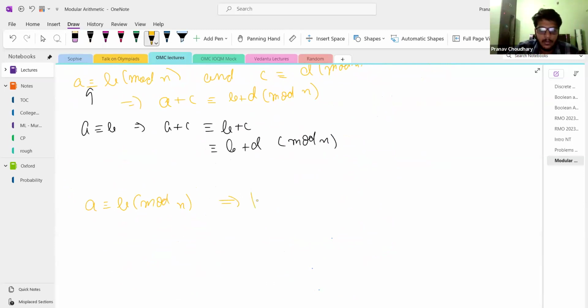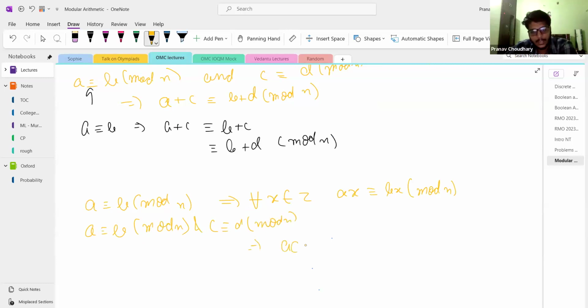Then for all x in integers, for all integer x, ax is congruent to bx mod n if a is congruent to b mod n. And if a is congruent to b mod n and c is congruent to d mod n, then ac is congruent to bd mod n.